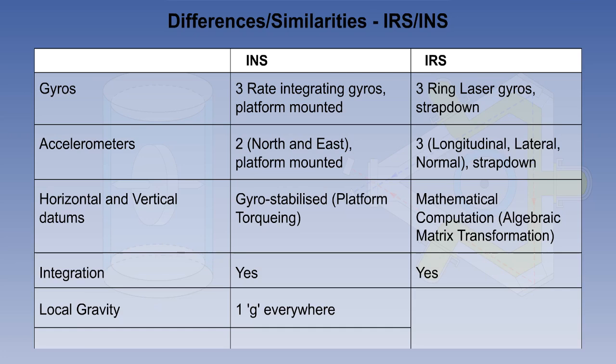There is a difference in the way that INS and IRS deal with gravity. In INS, it is assumed to be 1g everywhere. The superior memory capacity of IRS allows us to have a database which stores small differences in the local value of gravity.